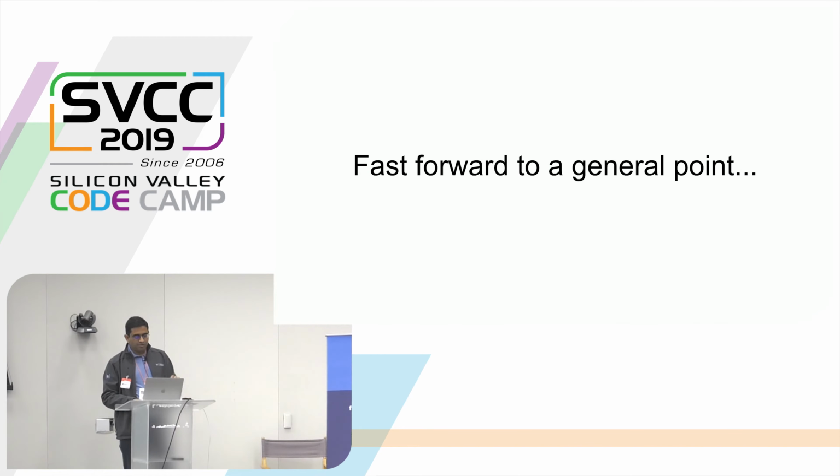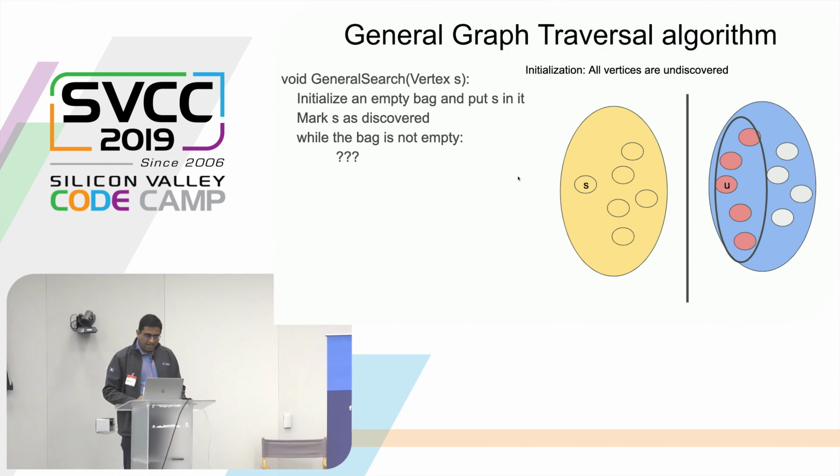So if we fast forward this algorithm to a general point in the execution of this exploration, we will have a bunch of vertices on the left, which would of course include the source vertex and also other vertices, a bunch of other vertices lying in our bag, and a bunch of other vertices that have not yet been discovered.